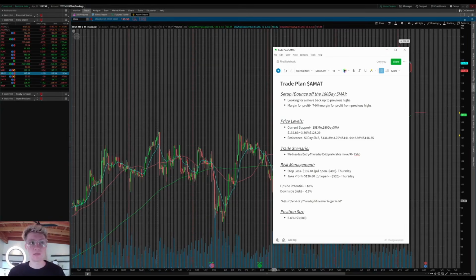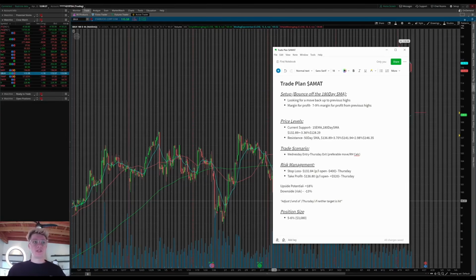We've done our calculations and we're going to be looking at a negative $400 loss or a positive $520 profit if we hit our stop loss or a take profit on Thursday. That's probably an easier way to visually see and go about displaying this information for most of you guys, although you can do whatever works. Again, just do whatever works for you. Mess around with how you go about saying different things, whatever makes the most sense for you.